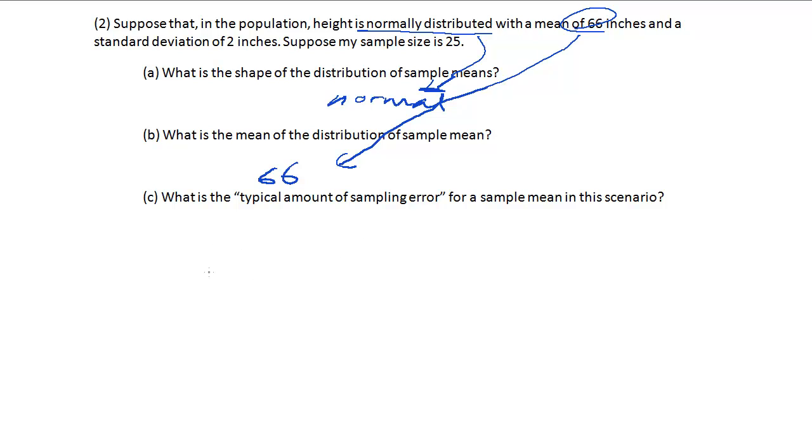So how do you do that? There's a formula again. I don't really have to write it.